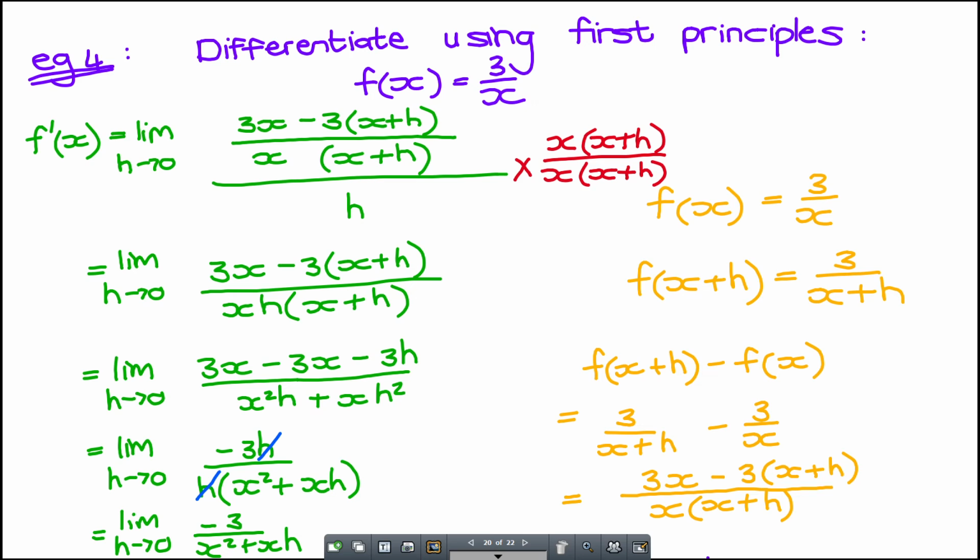And now I can substitute in, if h is 0, what does that mean? I will just have minus 3 over x squared. You guys good? Can you not see underneath? The bottom is this x squared plus xh. Okay. Any questions?